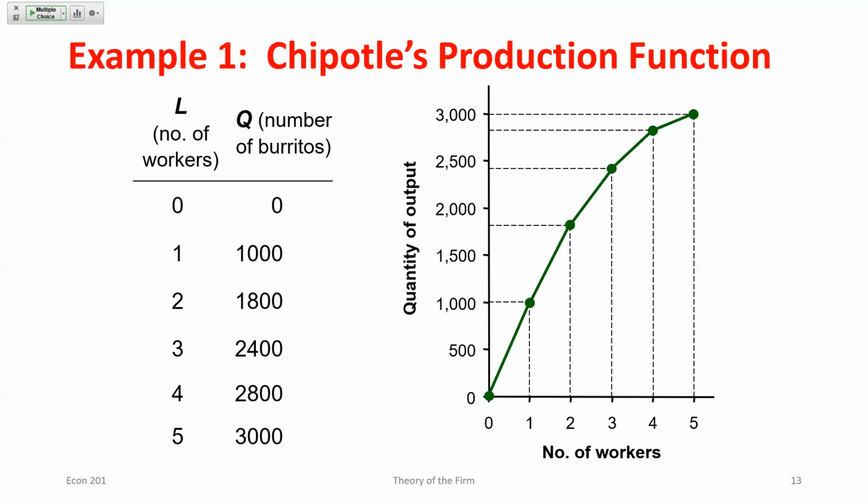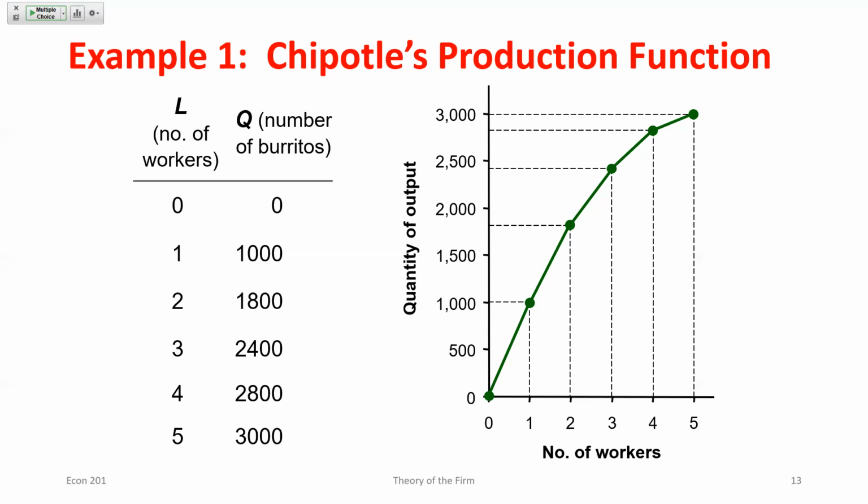Q represents the output of whatever product we're interested in. Here it's burritos. QL, remember, was our quantity of labor, the number of workers we had hired. Here again, we have an example where it goes up by 1, so it should be relatively easy to figure out the marginal product for each one of these workers.